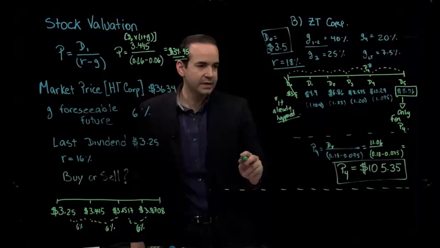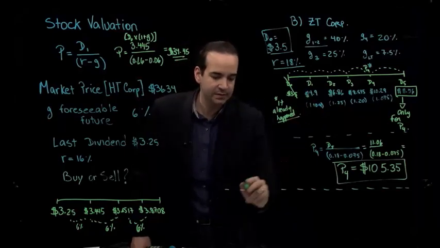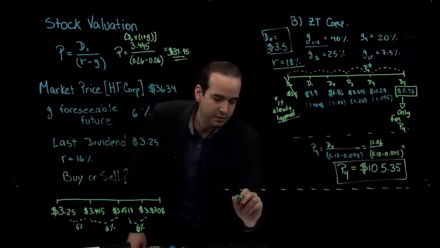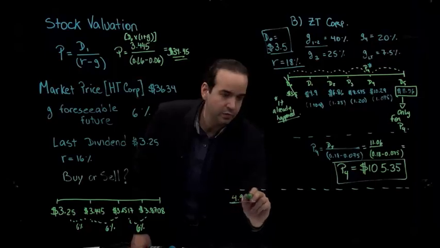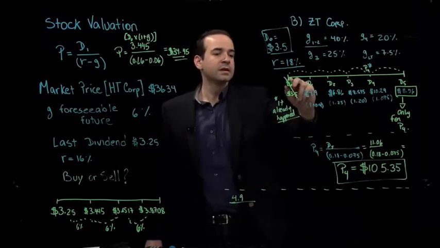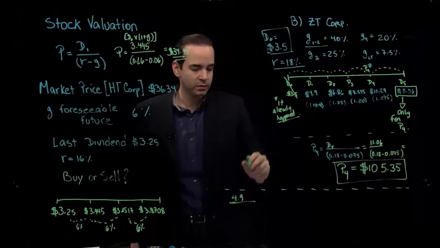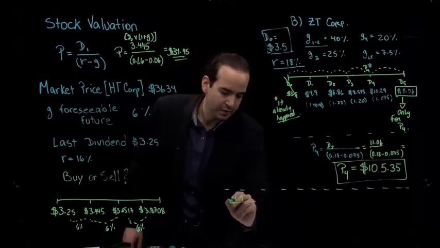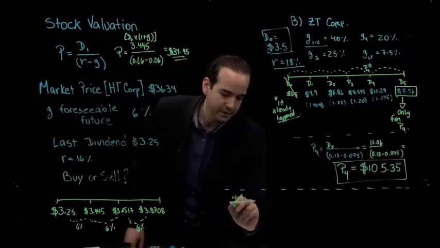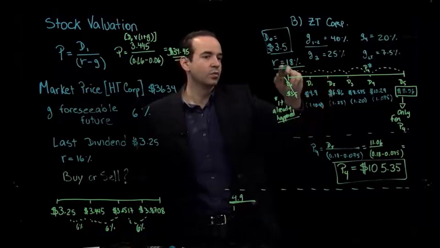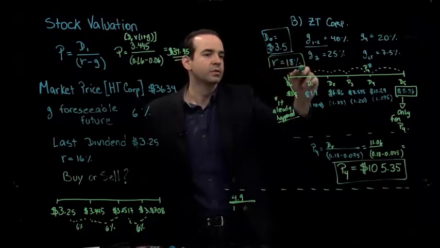So what we are doing now is getting the present value of all of these. So this is going to be 4.9, which occurs next year, 1 year. So 4.9, we're going to bring it to present value, and we're going to discount it by the discount rate here, which is 18%.